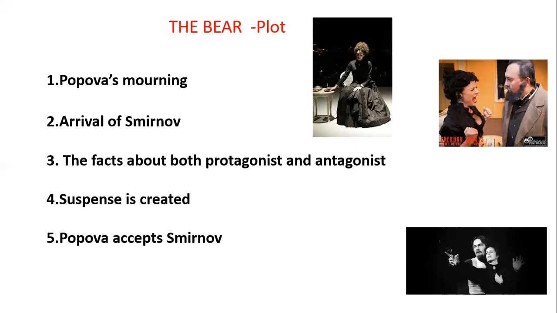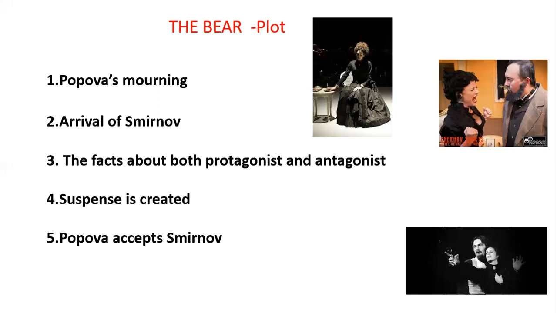These incidents also help to continue the logical reversals of the play. Then we understand the facts about both protagonist and antagonist. Both Popova and Smirnov belong to the landowning class. Popova is beautiful, we know.